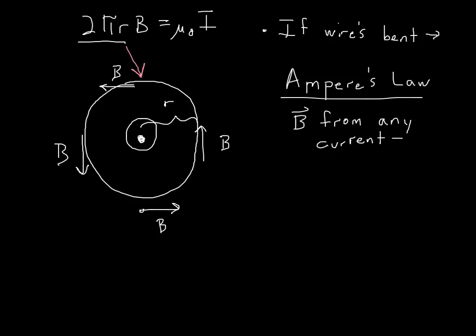And Ampere's law tells us that the closed path integral of the magnetic field that's parallel, or we can think of it as tangent, to a surface like we have here, the magnetic fields are tangent to that circle, times ds, where ds is how far along this circle we're moving.